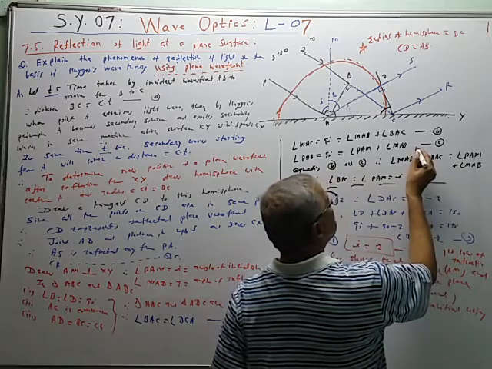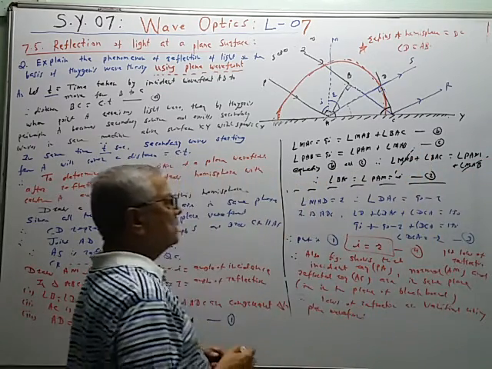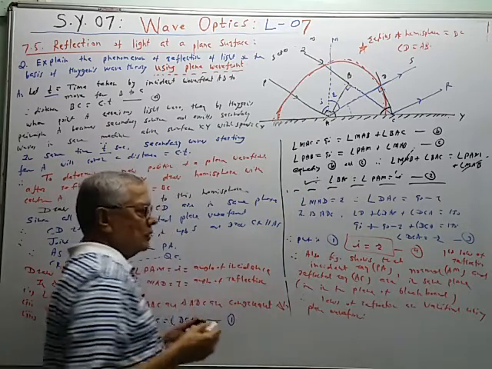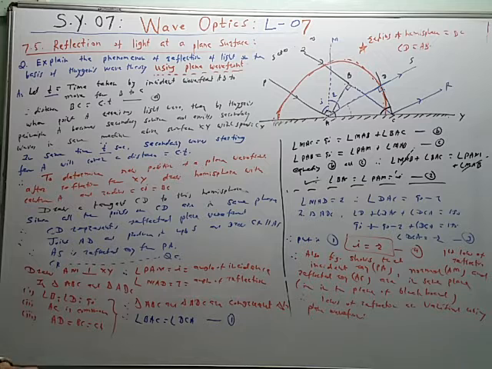So this MAB will get cancelled, and therefore BAC is equal to PAM, and PAM is equal to angle of incidence I. So we have shown that in equation 1, this left hand side BAC is equal to I.